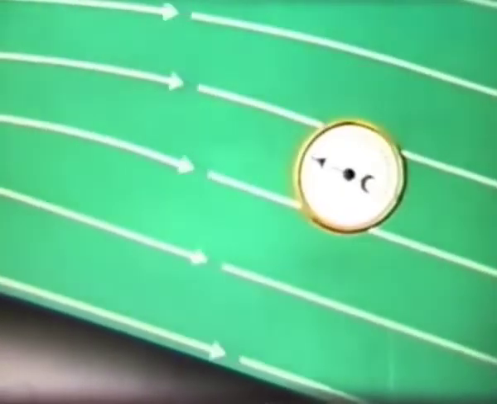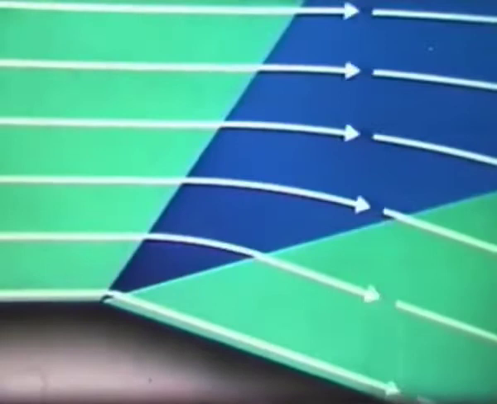Here, just the reverse happens. The streamlines move further apart, the speed increases, the pressure falls. After turning the corner, the streamlines are parallel to the new surface. This is called an expansion.